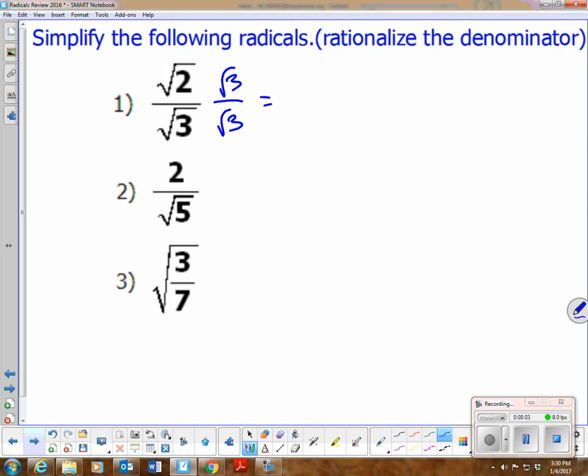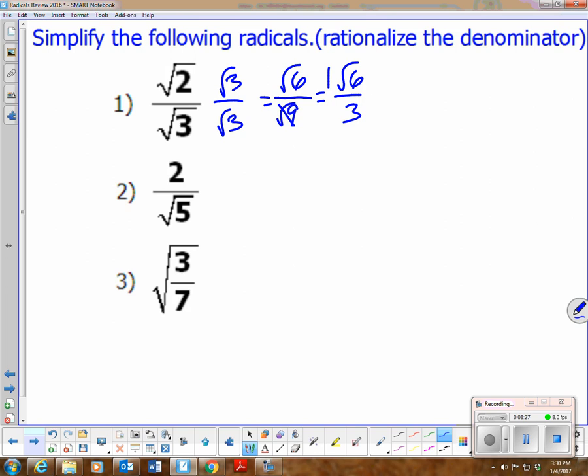When I do that, I get the square root of 6 over the square root of 9. But the square root of 9 is really 3. And so now if I look, I have no radical in the denominator. The square root of 6 can't be simplified. And there's really a 1 in front of the 6. The 1 and the 3 can't be reduced. So that answer is done. I don't have to do anything else. That is a completely rationalized denominator problem.